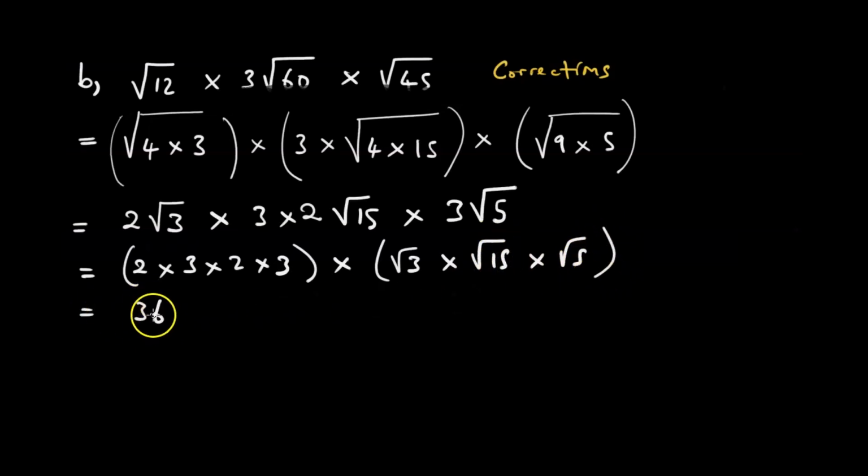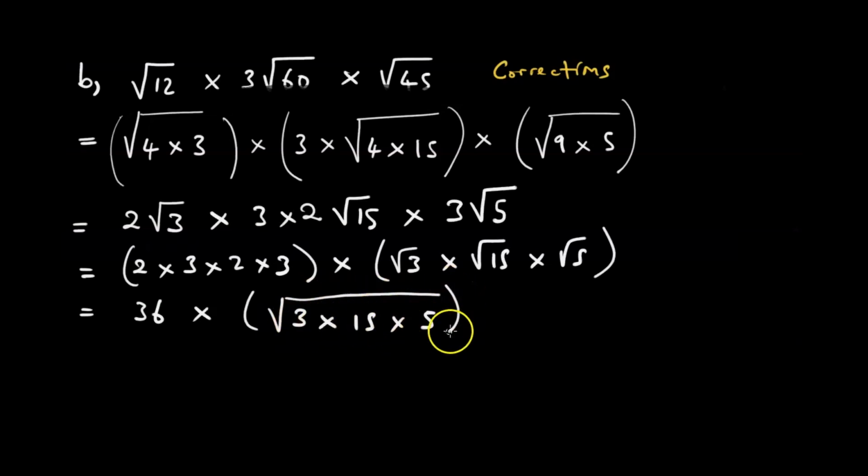Here we get 36 multiplying the square root of 3 times 15 times 5, of which 5 times 3 is 15. That means here we only need 15 times 15. 1 times 5 is 5, 1 times 1 is 1, 5 times 5 is 25, so 2, 5 times 1 is 5, 6, 7.